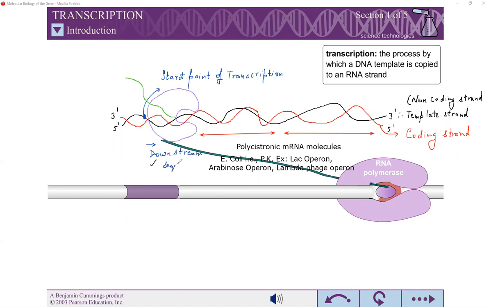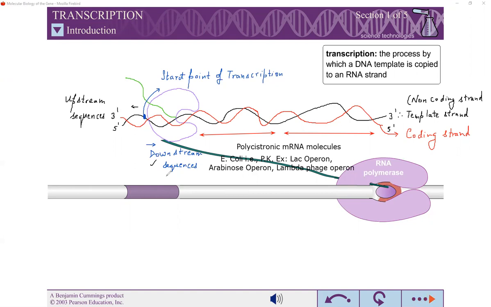All the sequences before the start point are referred to as upstream sequences. Those after the start point are downstream, and those before the start point are referred to as upstream.